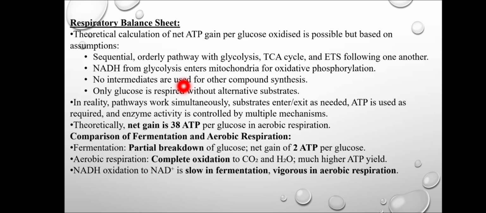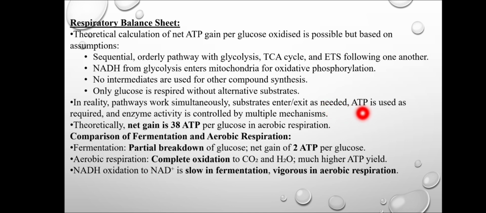In reality, the pathway works simultaneously, which means it's not necessary that all the pyruvate will enter into the Krebs cycle. Some pyruvate will go into some other cycle also. Similarly, certain additional substrates can enter into the cycle. So different substrates can enter and exit from the cycle as needed by the cell.